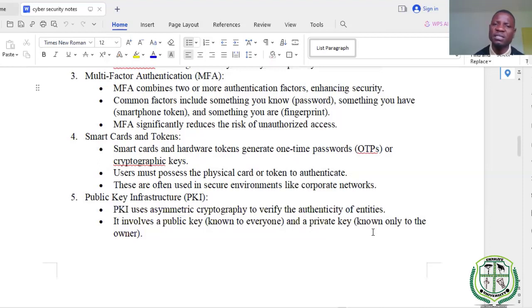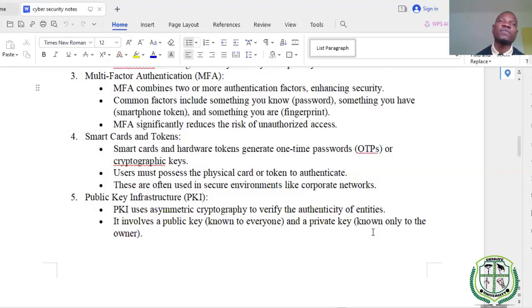So you can be using a smart card. That's another way of providing authentication to your data or your information. Users must possess a physical card or token to authenticate. Maybe if you want to access a certain room, you must use the card to open it. It can be a barcode.